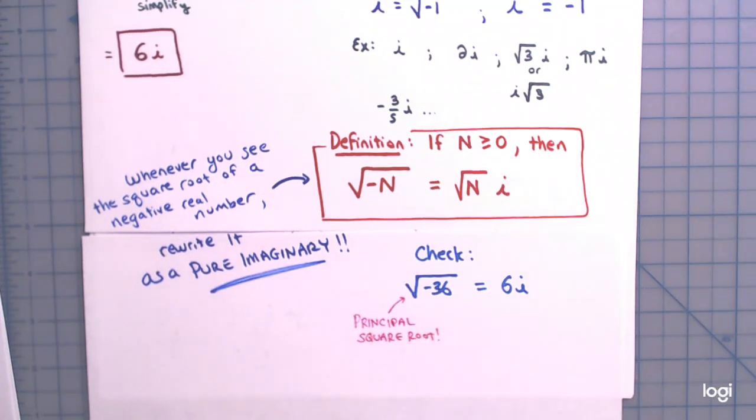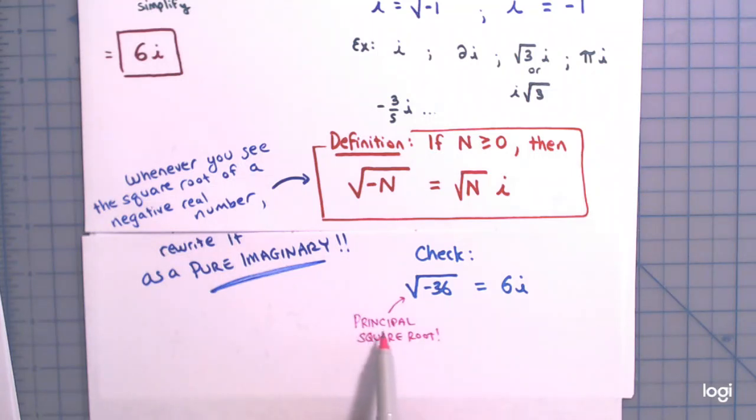Because as you saw with positive numbers, the square root of a positive number has 2 real square roots. Well, what you're going to see too is that negative numbers also have 2 square roots, but they're pure imaginaries where one has a positive coefficient and the other has a negative one.